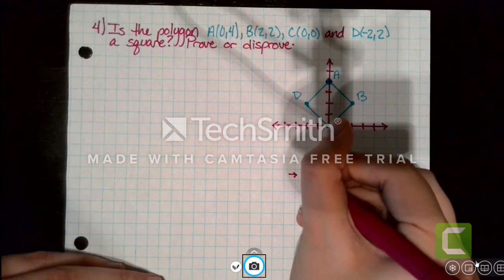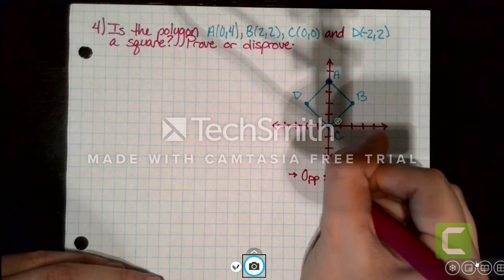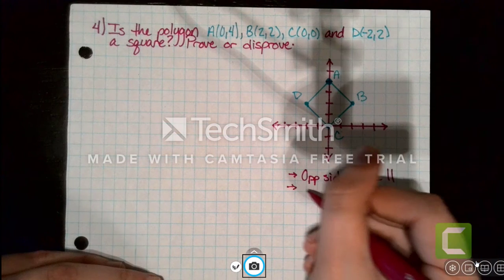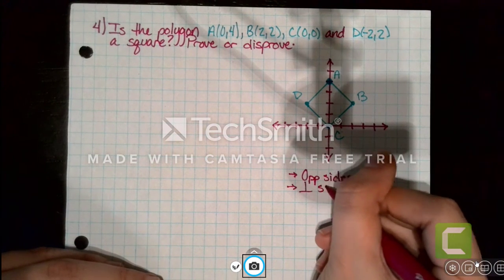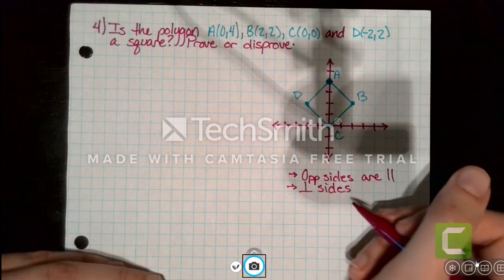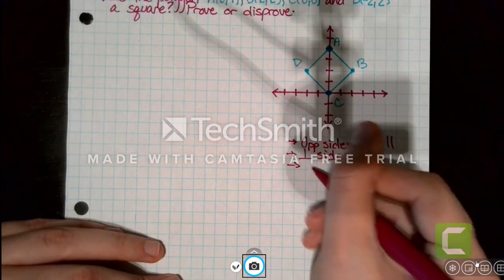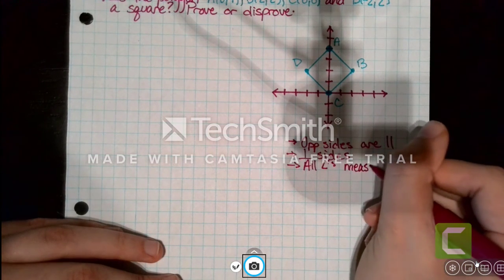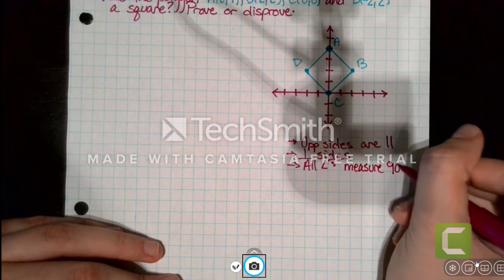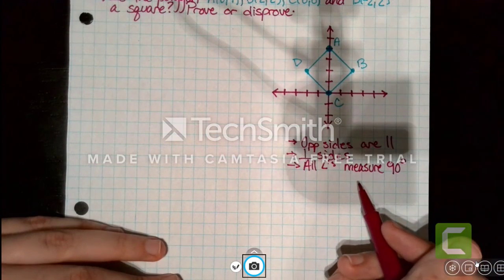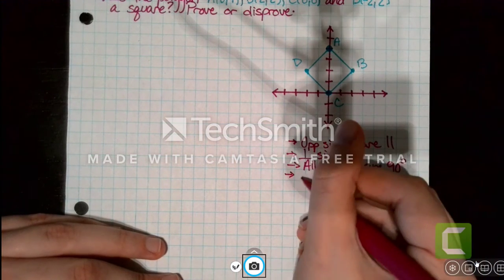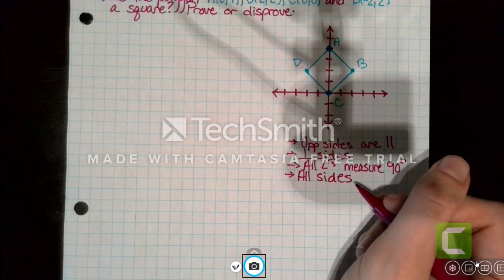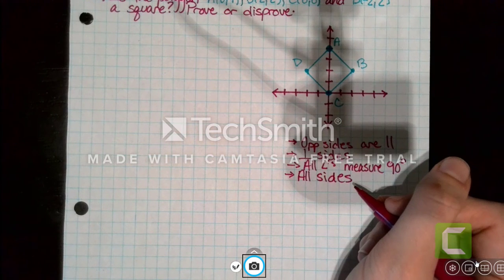We're going to prove that all opposite sides are parallel, that you have perpendicular sides, that all angles measure 90 degrees. But the one thing that sets this proof apart is that we need to prove that all sides are congruent.